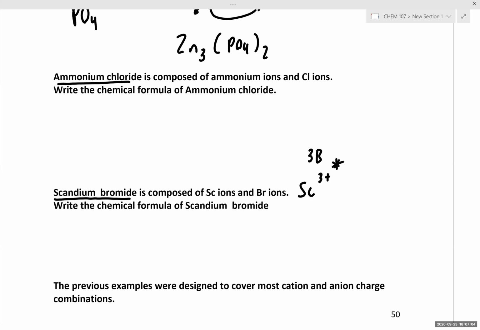And don't be shy to share your responses in the chat, and we'll discuss these examples in about 3 minutes.